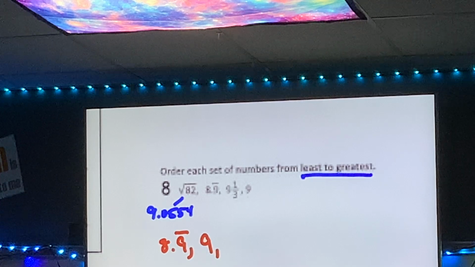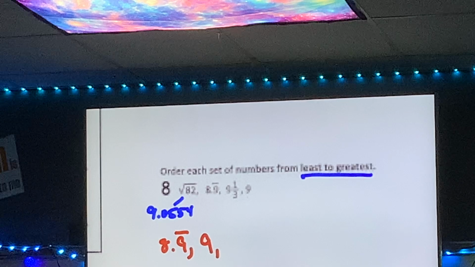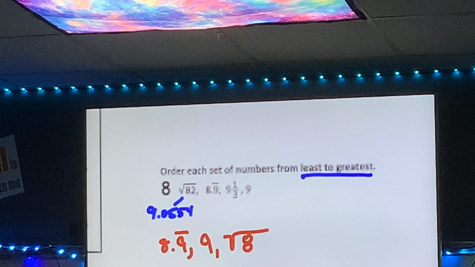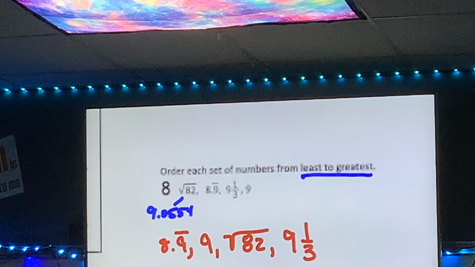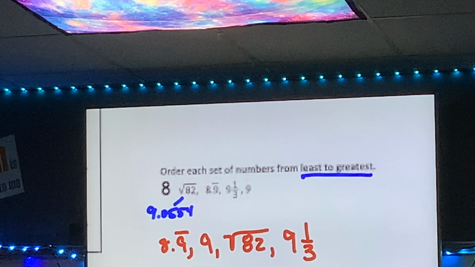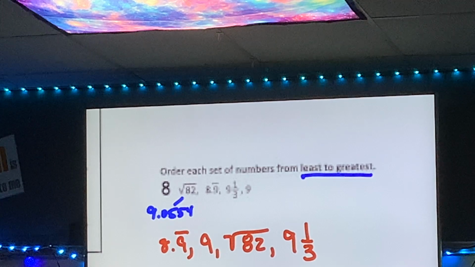What's next? 9.0554. Oh, okay, so that's my square root of 82, right? And then my 9 1/3. See how nice that was in order for you? Does that take a lot of stress off?